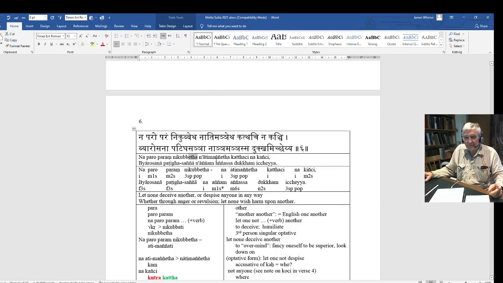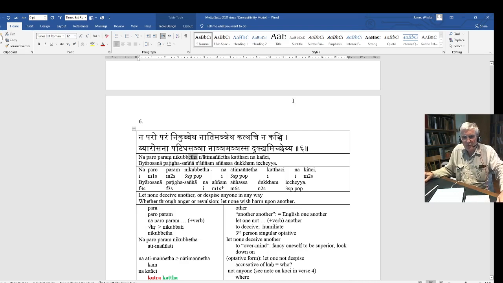You don't find it that much in the earlier prose, the prose of the suttas, but you do find it a lot more in the later poetry. As time went on, you get slightly more Sanskritic influences coming in. Now it's still pure Pali, but you can just tell these little influences.